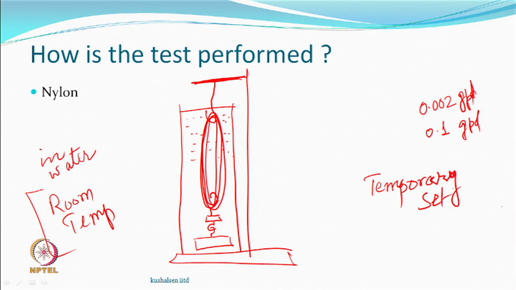That means, when somebody opened a textured yarn package and took the yarn out, they almost saw there's hardly any crimp there.